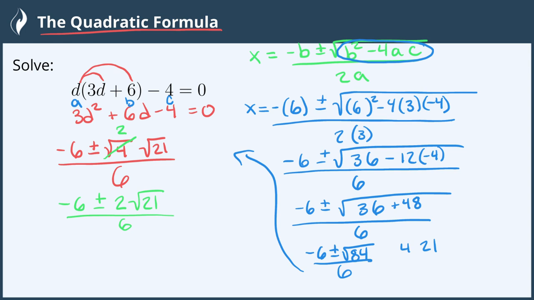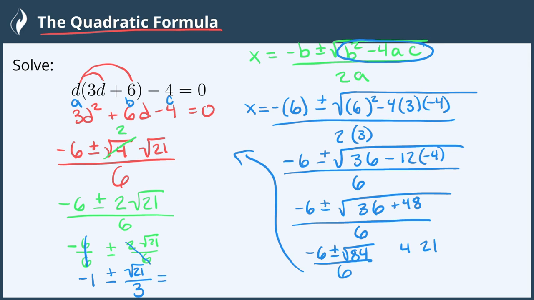We can continue simplifying this by putting both numerators over the denominator, giving us negative 6 over 6 plus or minus the 2 square root of 21 over 6. 6 divided by 6 cancels to be 1, so we get negative 1 plus or minus 2 over 6, dividing those both by 2, gives us 1 times the square root of 21, which is just the square root of 21, and 6 divided by 2 is 3.